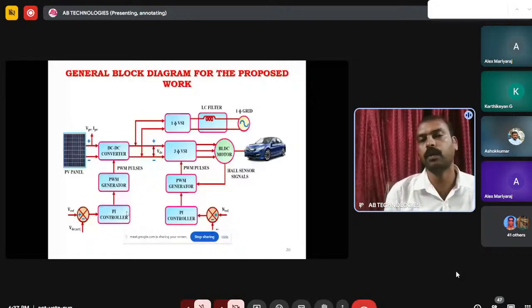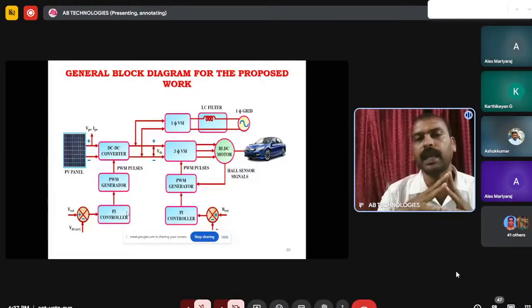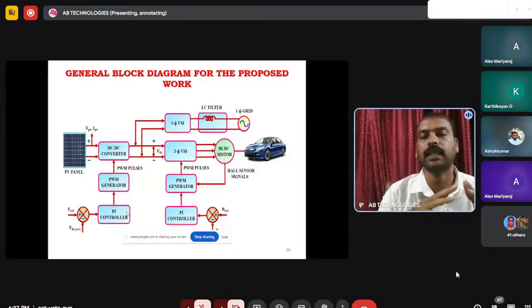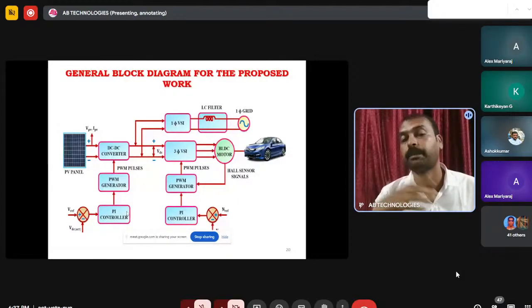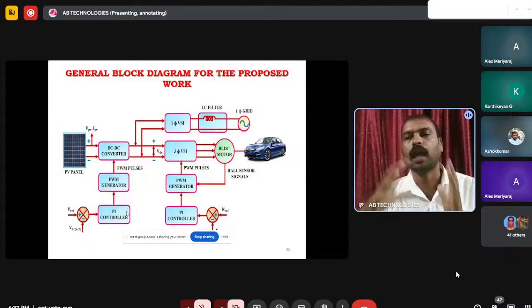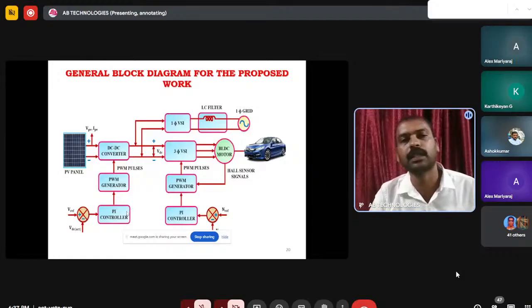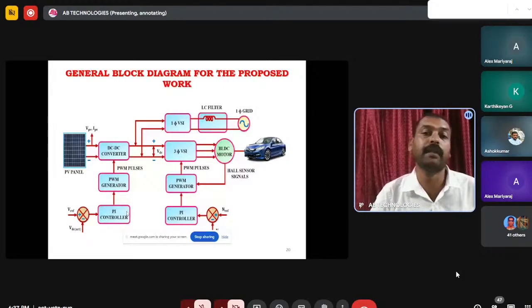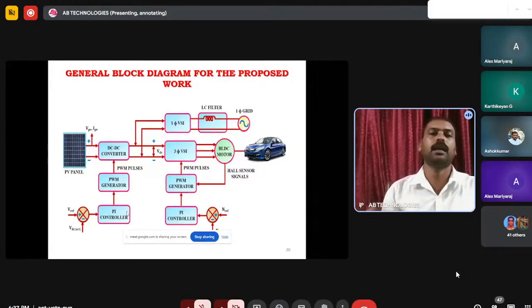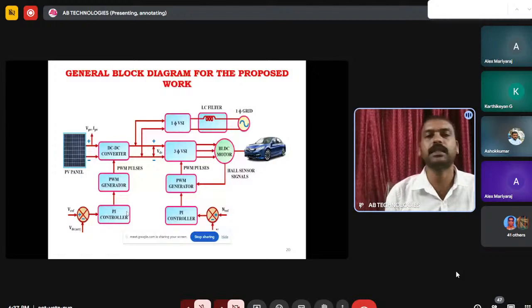Now we can provide around 1000 watts because 10 panels are connected in parallel. So almost 1000 watts power you can give to the load. This is not enough now. Out of around 3 kilowatts, only 1 kilowatt power we are providing to the converter, that means the load. So it is not enough.